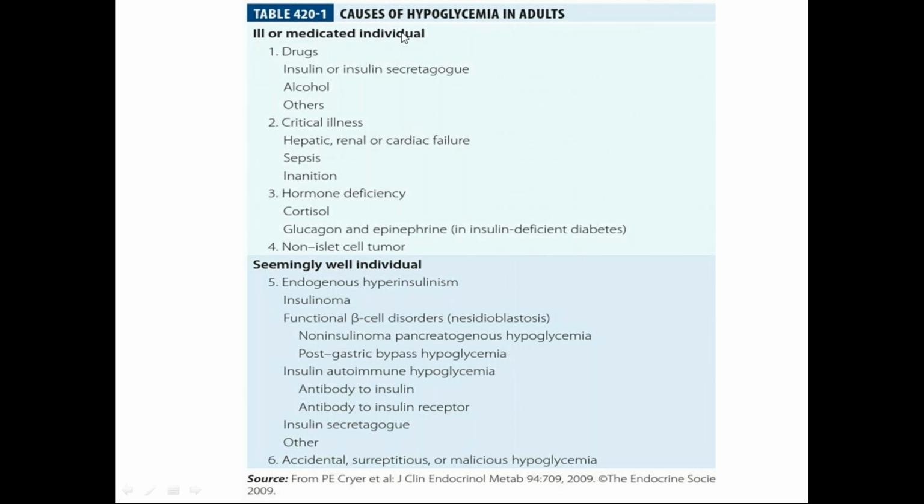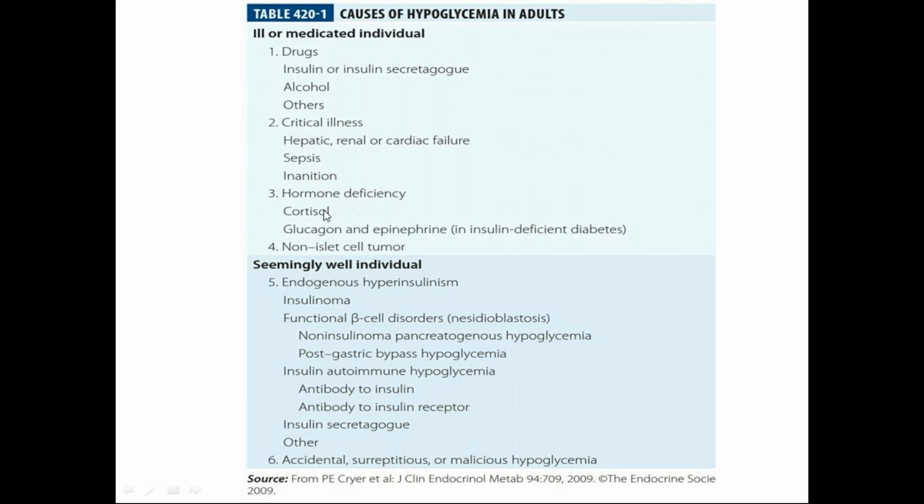These are causes in an ill patient, any ill or medicated patient. Drugs can cause it, like insulin, obviously, and alcohol. In critical illness, any failure can cause hypoglycemia, hepatic, renal, or cardiac, because hepatic and renal are the sites of gluconeogenesis. Sepsis can cause a state of hypoglycemia.